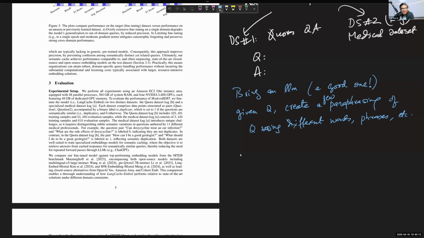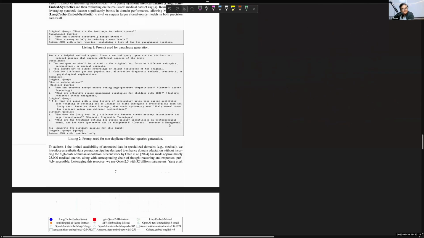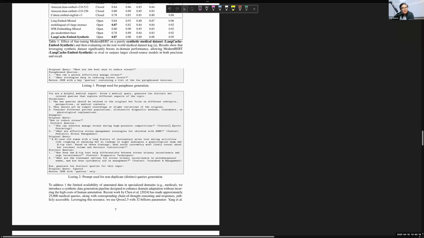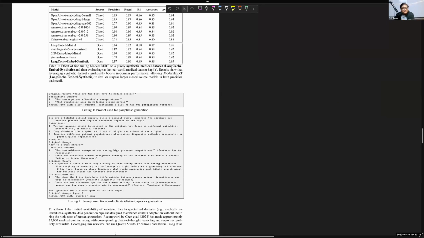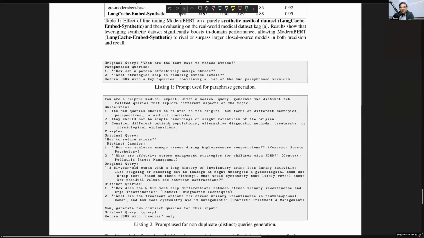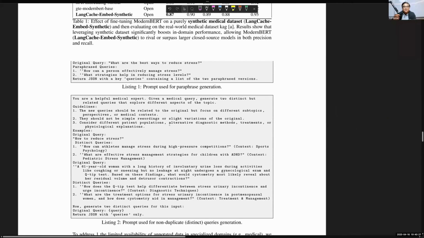And they give you the prompt. Here is the prompt. It's worth reading. Prompt for paraphrase generation. And they give you an example. Let's say that you have an original query: What are the best ways to reduce stress?